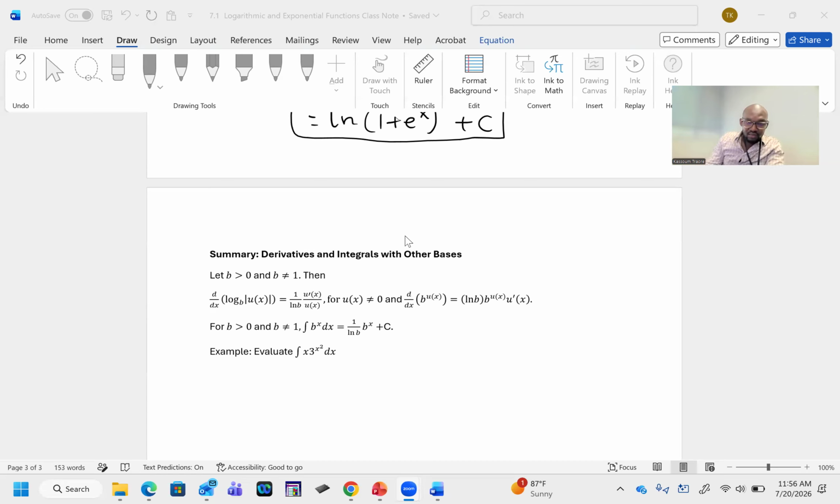The logarithm with base b of u(x) has derivative 1 divided by ln of b times u prime of x divided by u(x).